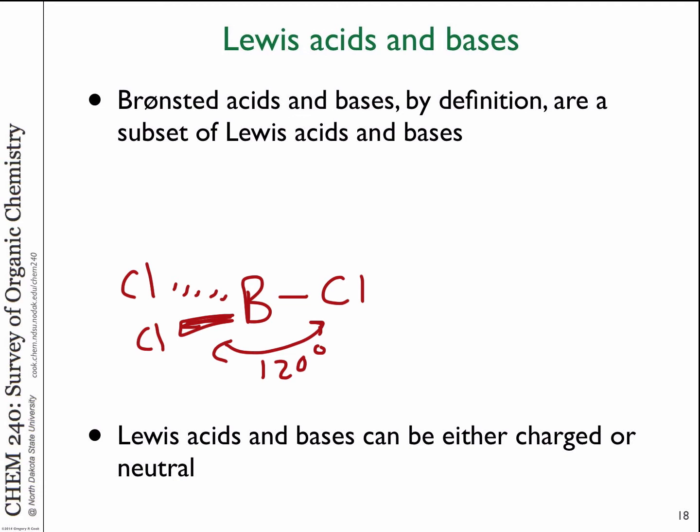What would you say the hybridization of boron is? sp2, that's right. Remember we talked about hybridization in carbon? A double-bonded carbon has 120 degrees and is flat. This is sp2 hybridized.